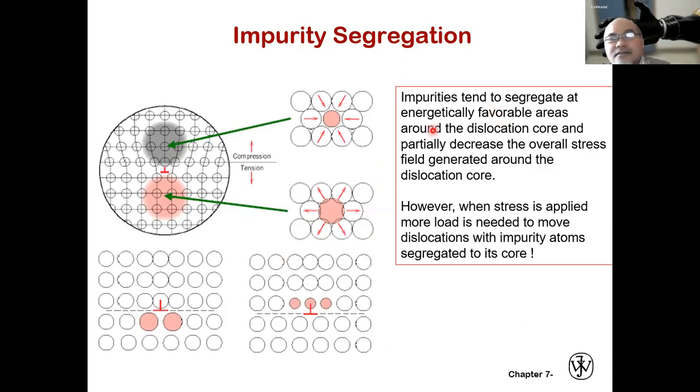So impurities tend to segregate at energetically favorable areas around the dislocation core and partially decrease the overall stress field generated around the dislocation core. However, when stress is applied, more load is needed to move dislocation with impurity atoms segregated to its core. Yeah, like this, this will increase then the yield strength.